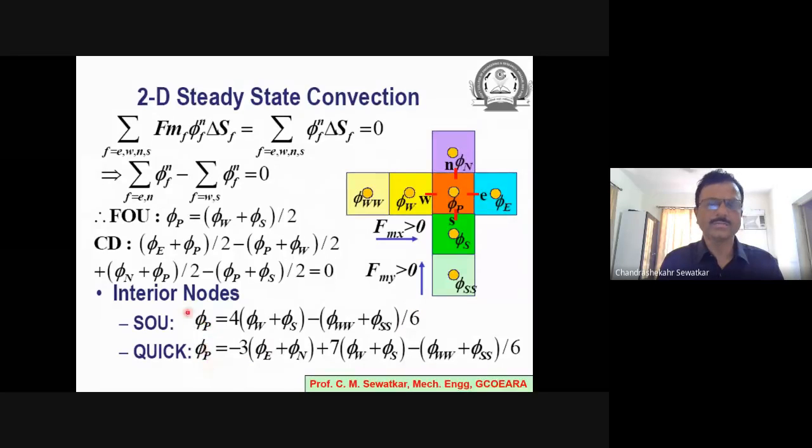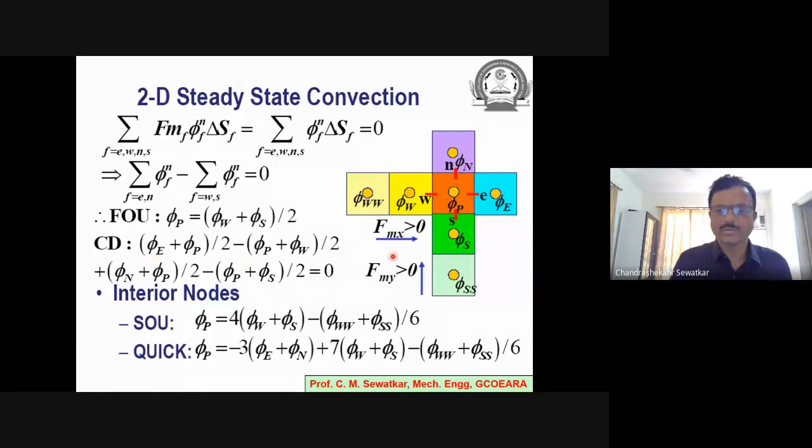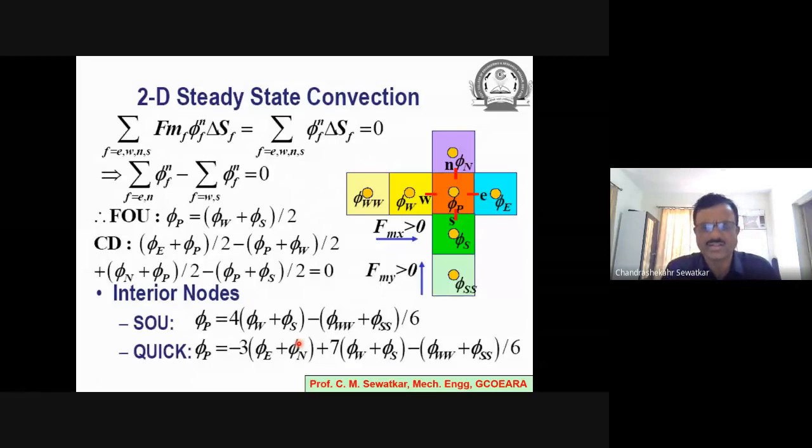So these values of phi_P can be determined for all the cell centers. These are the new values of phi_P, which will provide us the convected variable in the entire domain. So what we can do, we can deploy these equations to all the cell centers and find out the new values of phi_P.